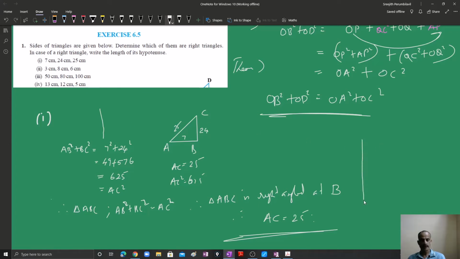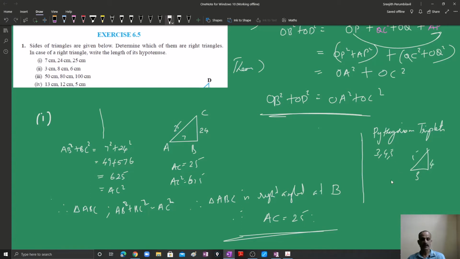Those who are serious about learning math in the higher classes, you should learn about numbers which can be the sides of a right angle triangle. What do you call such numbers? Any idea? Pythagorean triplets. For example, 3, 4, 5 are the sides of a right angle triangle.